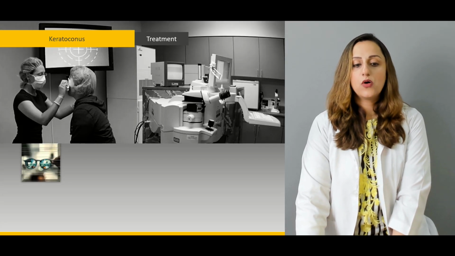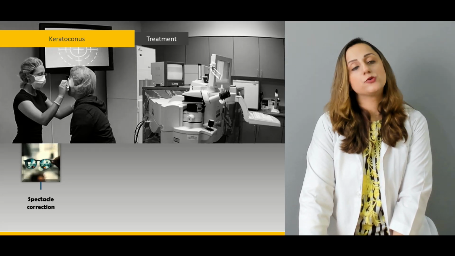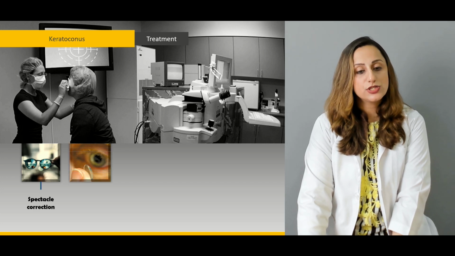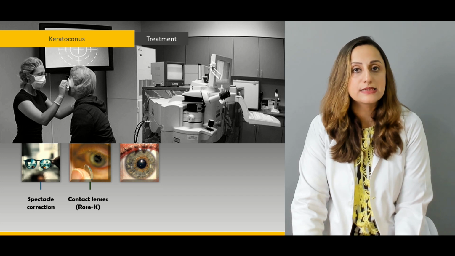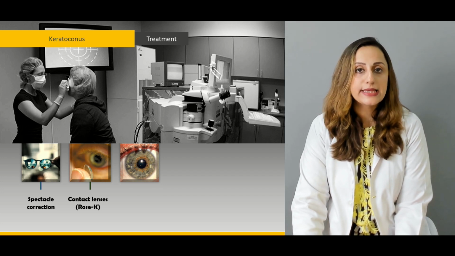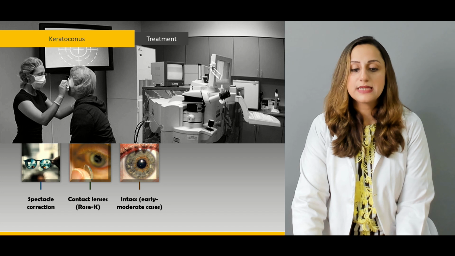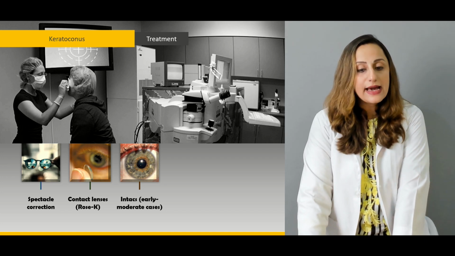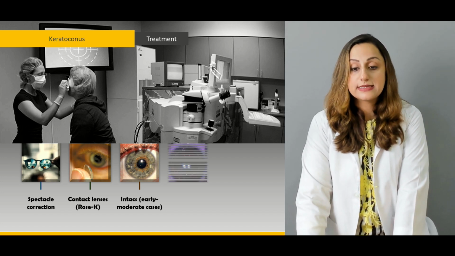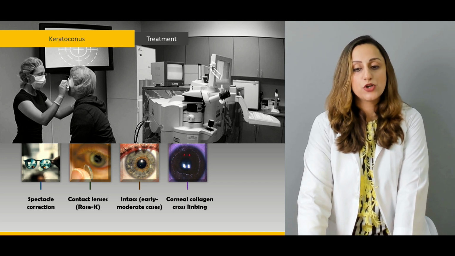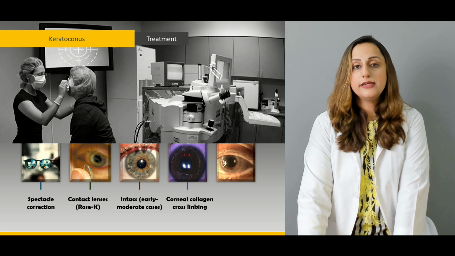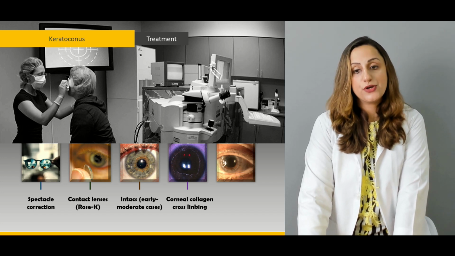The treatment modalities available here are spectacle correction, or you can ask the patient to use specific rigid lenses, which are also known as Rose-K lenses. Sometimes we have the intacts, which are permanent lens replacements. And then we have corneal collagen cross-linking, in which you repair the collagen of the cornea.